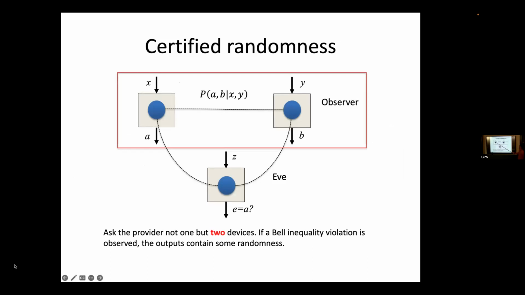Because of everything I said before, you know for sure that no one can predict the outputs produced in a Bell test. If someone could predict them, this would give a deterministic causal model for your experiment, but you know that there is no deterministic causal model for your experiment because you violate the Bell inequality.